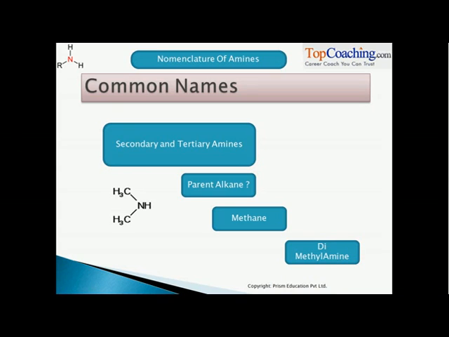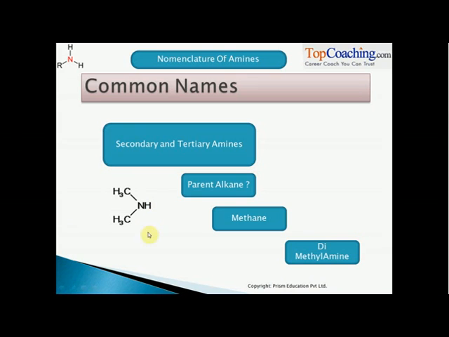One thing to notice over here, students sometimes confuse it with ethylamine. In a hurry when you are in an exam, you think that the parent alkane has two carbon atoms, which means it is an ethyl group. But we must remember that in this case, we have only one hydrogen atom, which means two hydrogen atoms have been replaced.